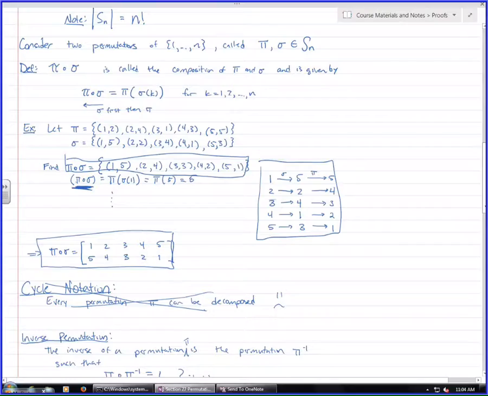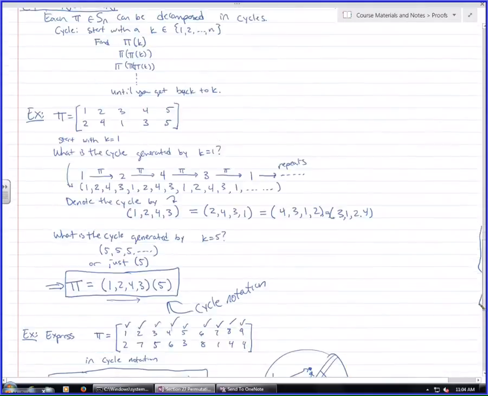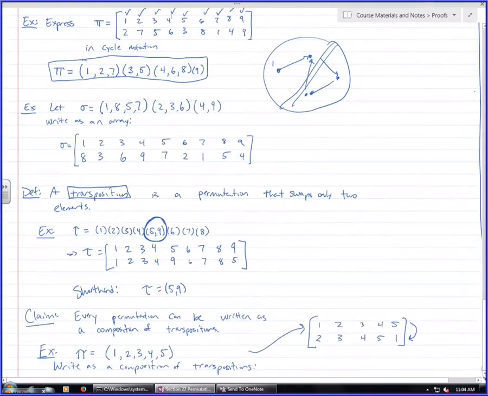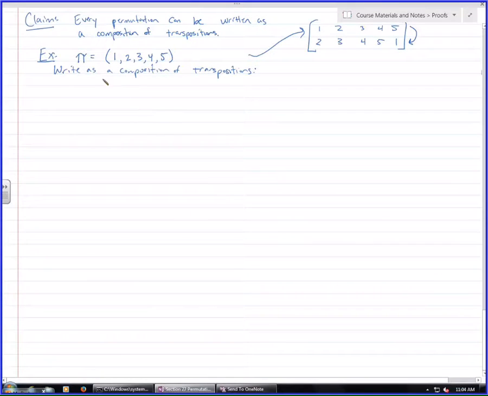Okay, so here's my claim about transpositions. I claim this pi right here is the same thing as (1 5) composed with (1 4) composed with (1 3) composed with (1 2).